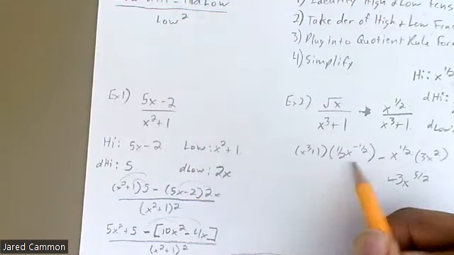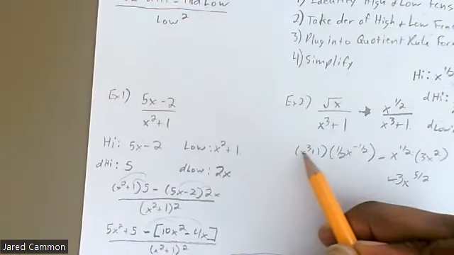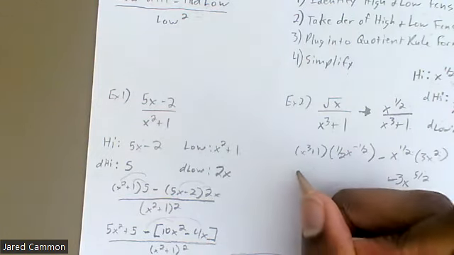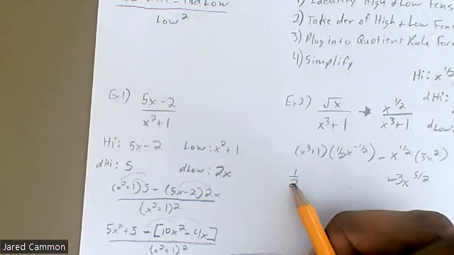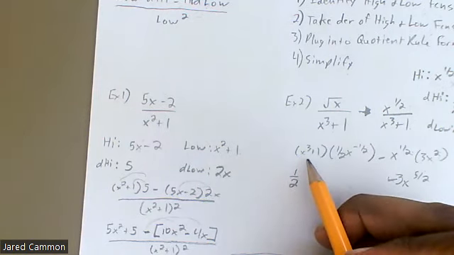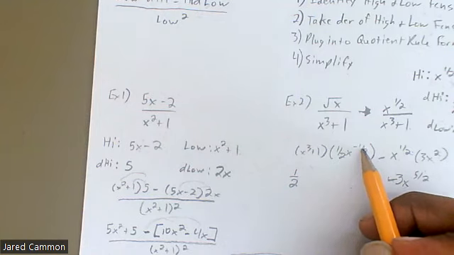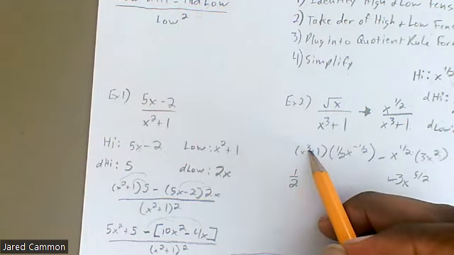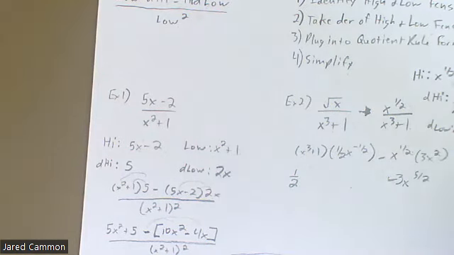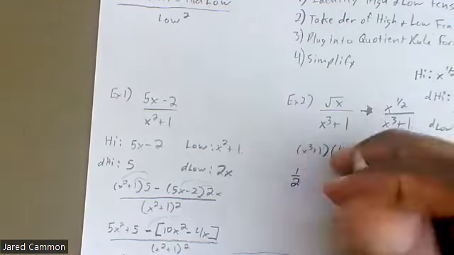Okay, now we multiply here, and we have to distribute. So 1/2 x to negative 1/2 times x cubed is going to give us 1/2 times 1, which is 1/2. And then we have x cubed times x to the negative 1/2. So again, we're going to just add the 3 and the negative 1/2. So 3 plus a negative 1/2 is going to give you 2.5, right?